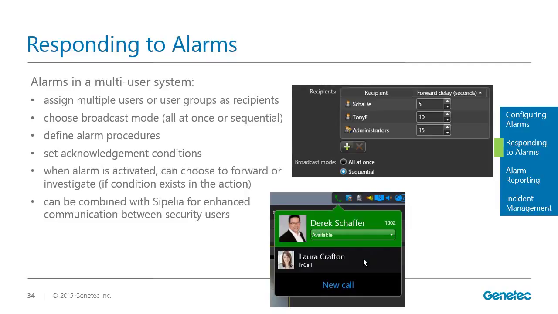Instead of typing messages, it'd be a very quick way to say, okay, who's up, who's going to go take a look at that, and check out that alarm and see what's going on in that no motion area that we're supposed to have. So that's very nice, an extra option that can be added onto the Security Center system.